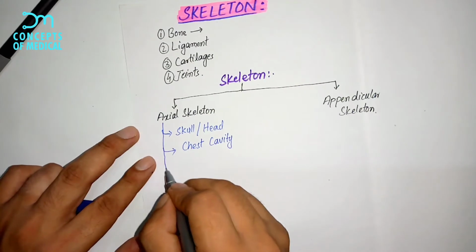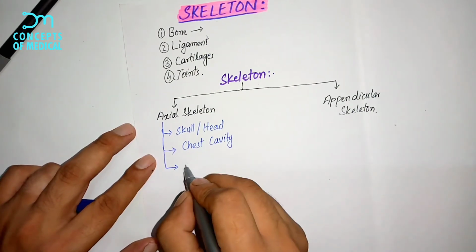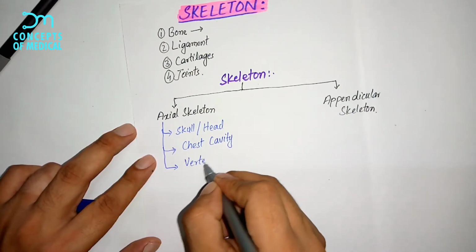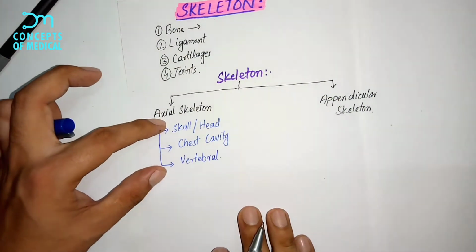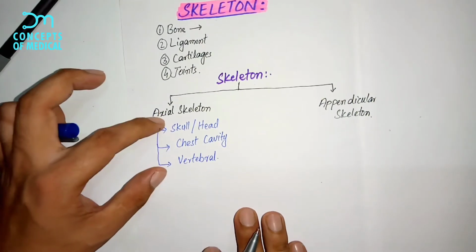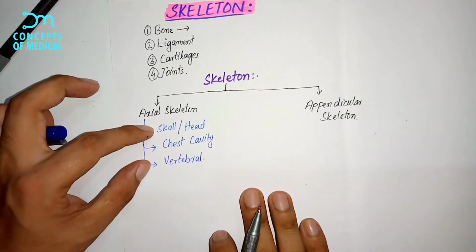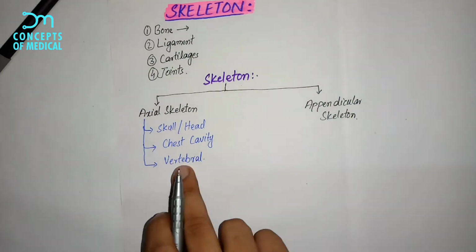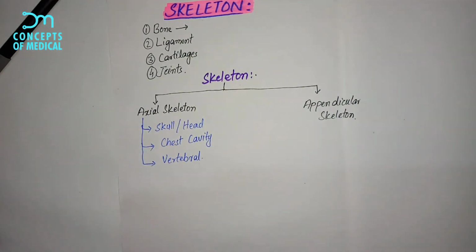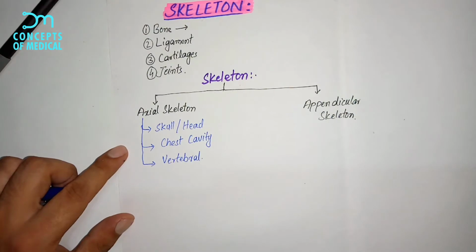The third is the vertebral column. So the axial skeleton consists of these three regions: the skull, the chest cavity, and the vertebral column. Within the skull, how many bones do we have?